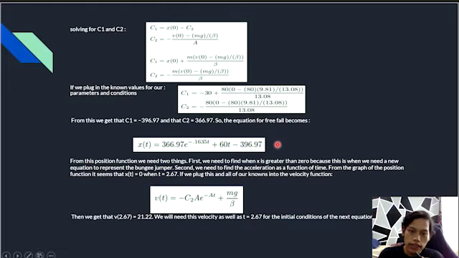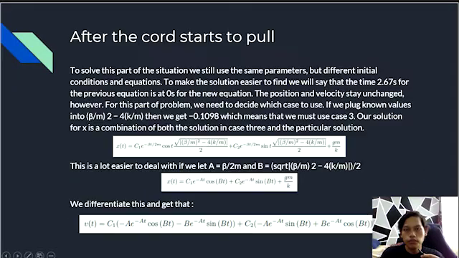If we plug this and all of our knowns into the velocity function, which is this, then we get that v at 2.67 equals 21.22. We will need this velocity as well as t equal to 2.67 for the initial condition of the next equation.